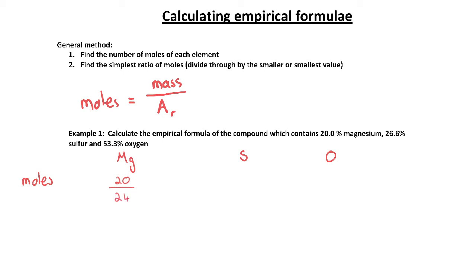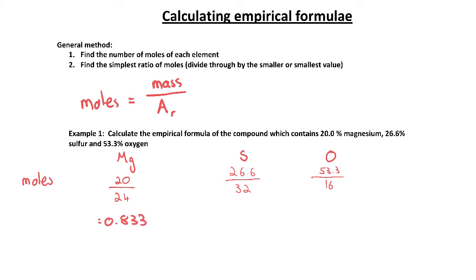For my sulfur, it is 26.6, so it's going to be 26.6 divided by 32, because 32 is the mass of my sulfur. And for my oxygen, it's 53.3 divided by 16.